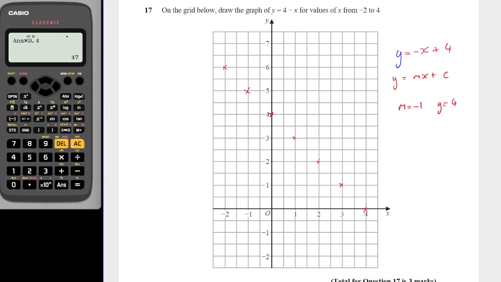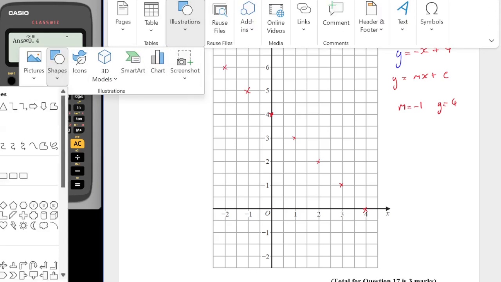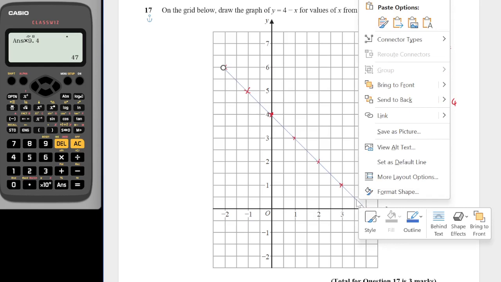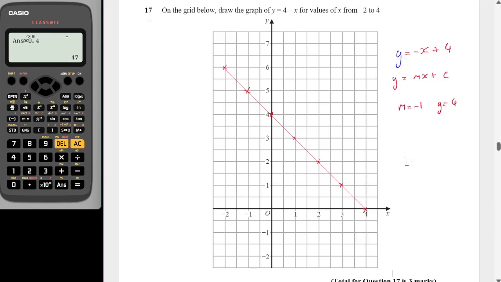And then using a ruler, I'm just going to join those up. So there's my graph. You could have done it from a table of values, that's absolutely fine, or using the table function on your calculator, that would be fine as well. But from properties of graphs, I think is the most efficient way.